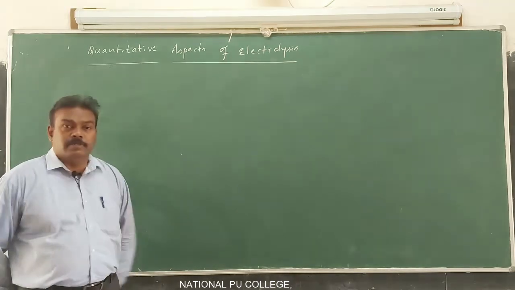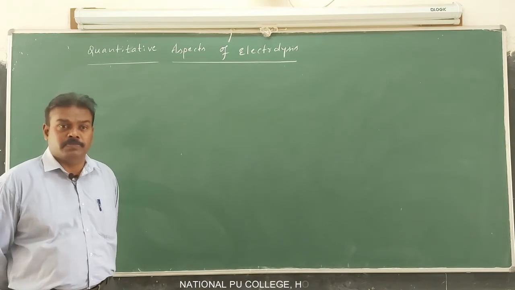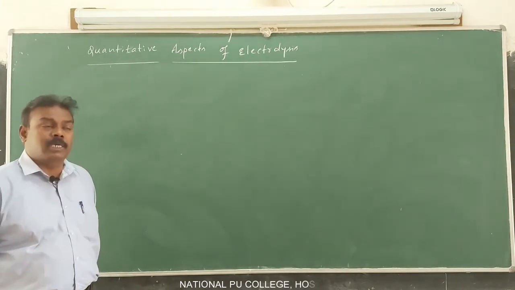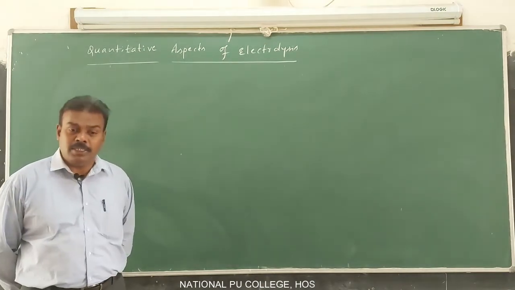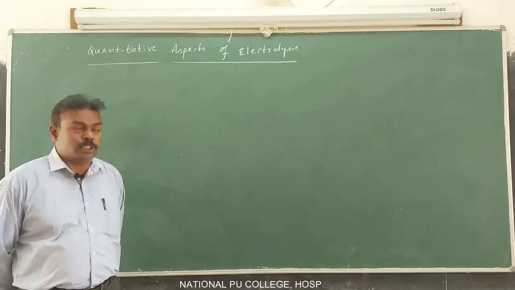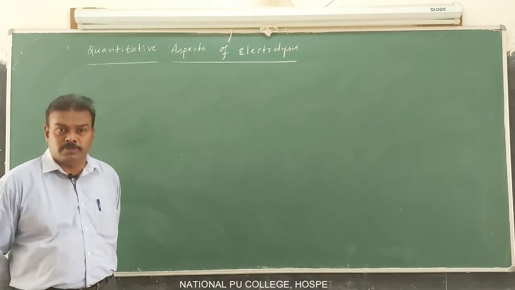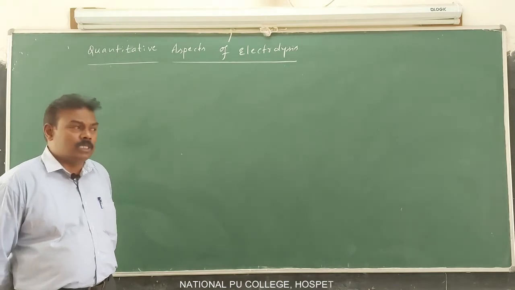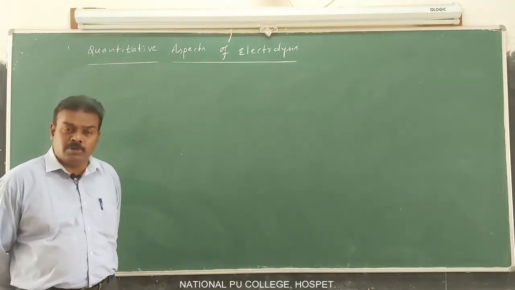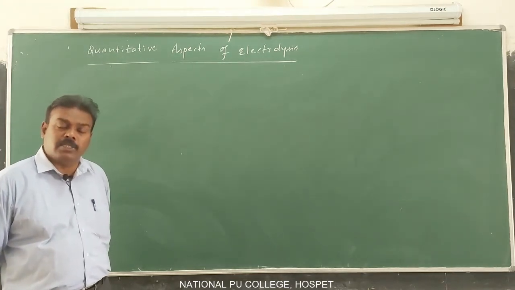The anode is where the oxidation reaction takes place, and the cathode is where the reduction reaction takes place. So oxidation and reduction reactions take place at different electrodes. Usually oxidation occurs at the anode, and the reduction process takes place at the cathode.